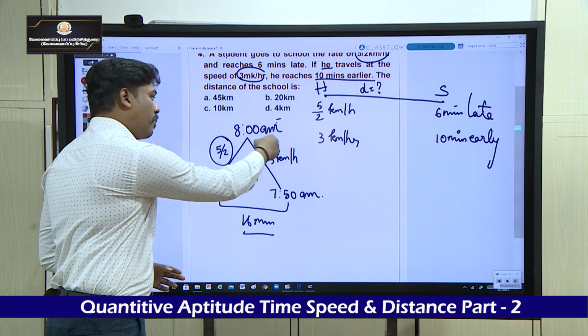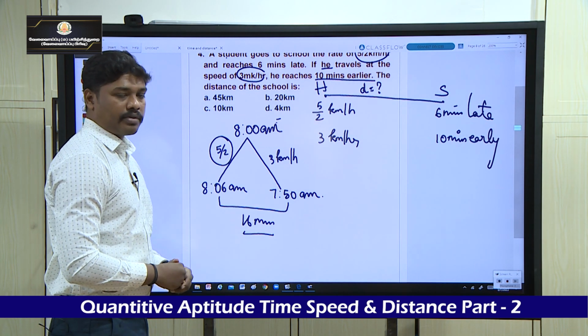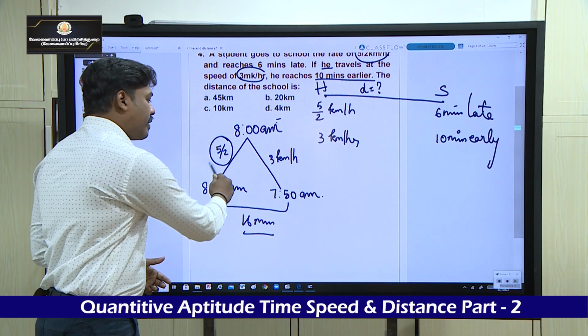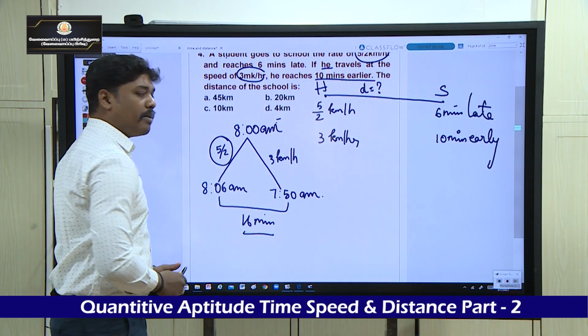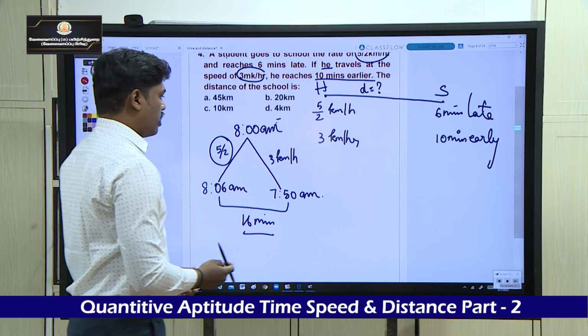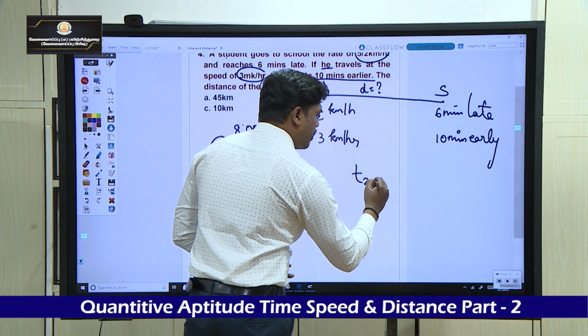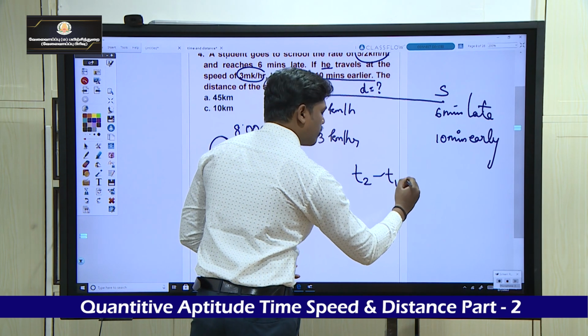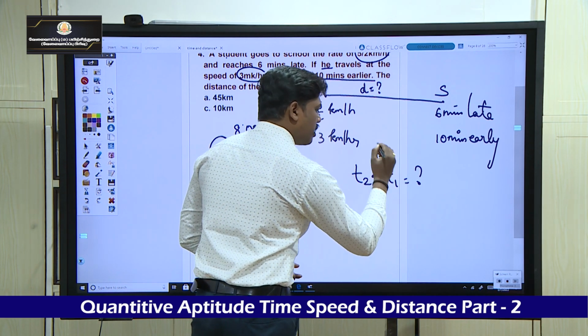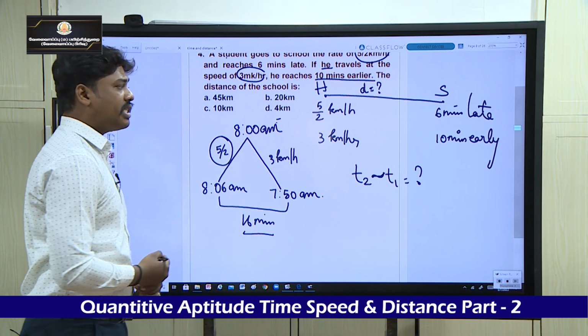If it is going at 3 kilometer per hour, reaches at 7:50. So, the difference between timing is 16 minutes. Okay. So, which time difference? So, T2 minus T1 or time difference.